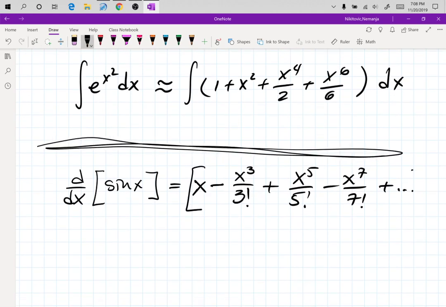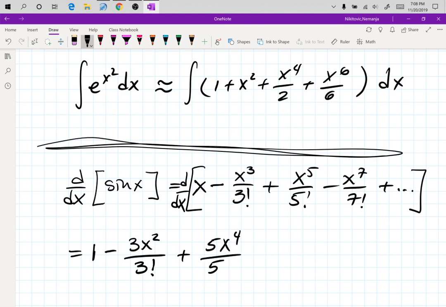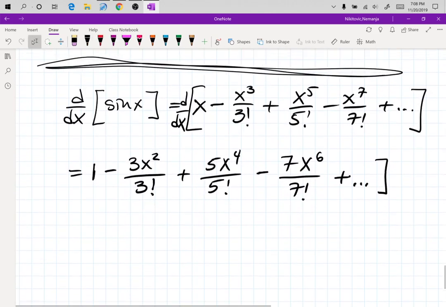So we are differentiating this polynomial, whose derivative is 1 minus 3x squared over 3 factorial plus 5x to the 4th over 5 factorial minus 7x to the 6 over 7 factorial plus dot dot dot going on forever.